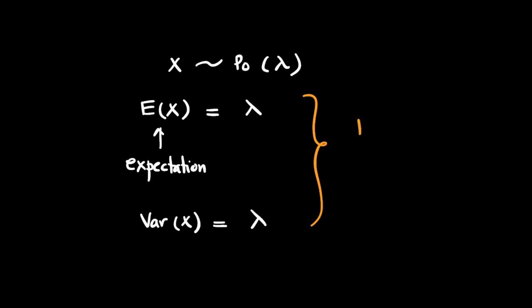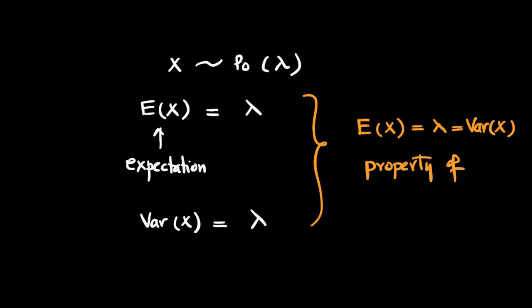Therefore, it's a hard and fast rule that expectation of x is lambda, so is the variance of x. This is a property of Poisson variable, and this knowledge is also used in the topic of linear combination.